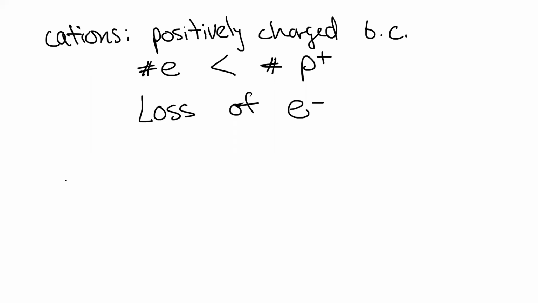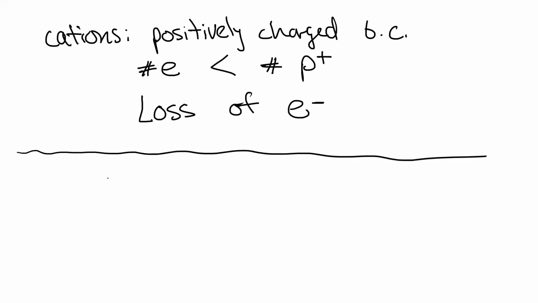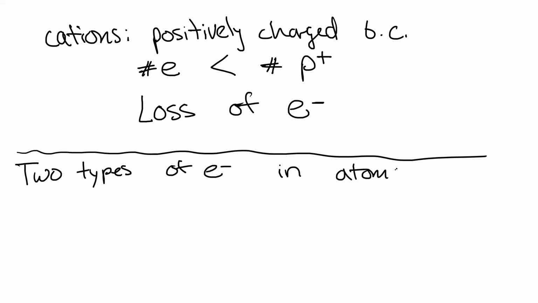All right. From there, a couple of things we need to talk about. There are actually two types. Well, there's a whole different way of looking. There's multiple ways of looking at it, but there's two types of electrons in atoms.